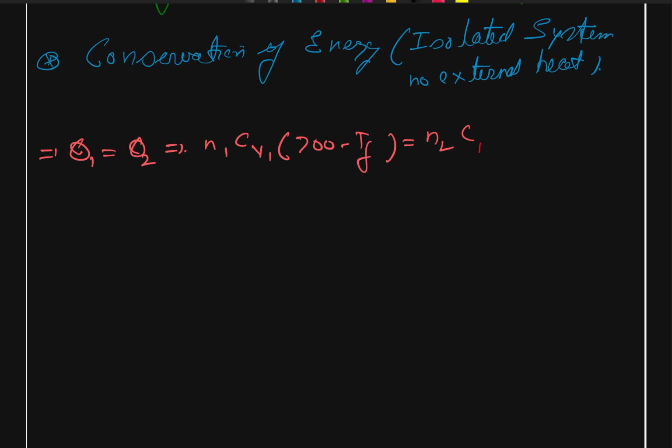Therefore we can say that this will be over 10 and 10, it will be over 49. So TF will be equal to 490 Kelvin. Okay, so this will be a final temperature.